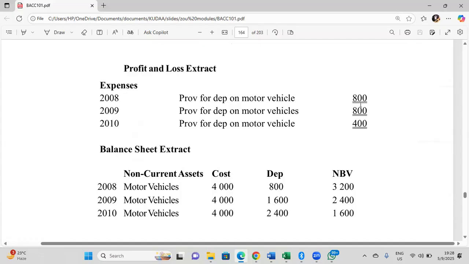If it's the straight line, in the profit and loss you'll be writing depreciation expense of 800, 800. In 2010, you write depreciation of 800, but there is a loss on sale.